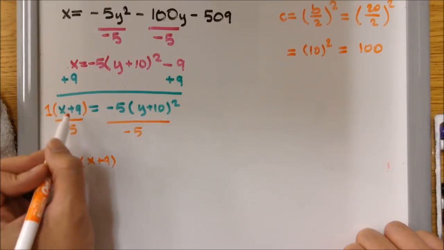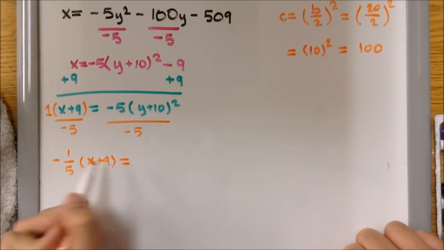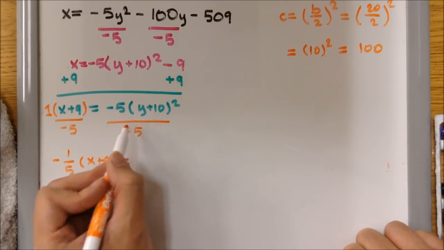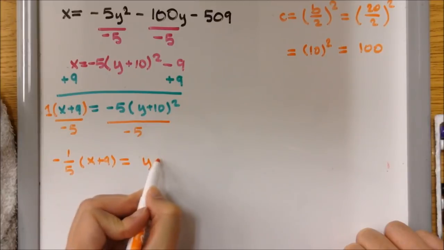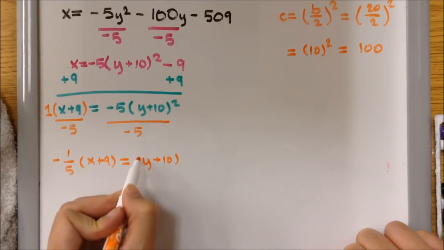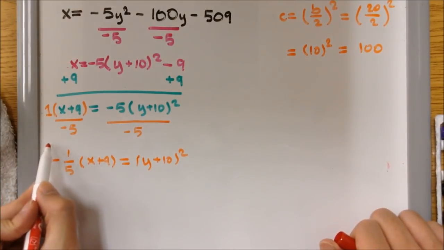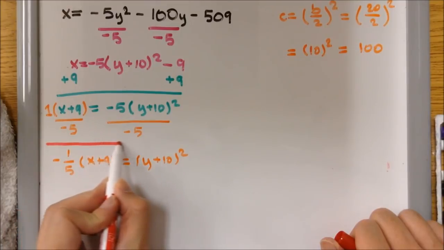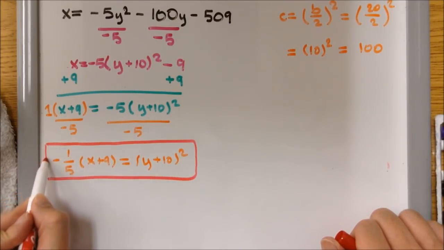So if it's a single variable, you can move it to the side as long as it's in the numerator. And then when I divide by -5, that becomes 1, and I only have left y plus 10 squared. So that will be our standard form of the equation of a parabola. Negative 1/5 times x plus 9 equals the square of y plus 10.